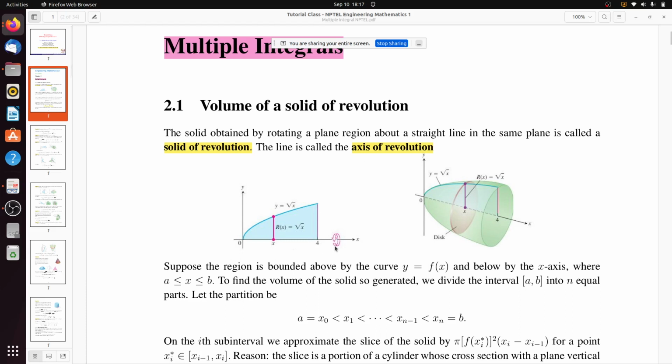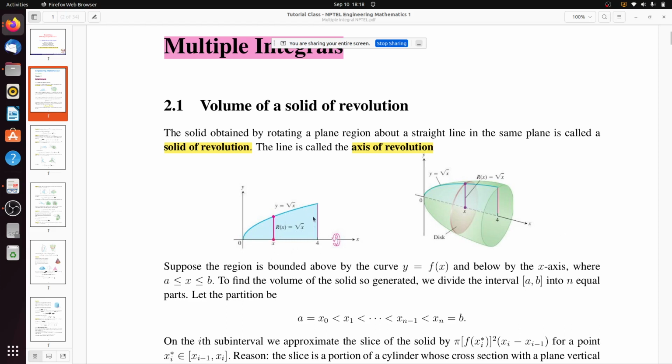See, for example, this is the x-axis and y equal to root x is the parabolic curve, right? Now if you rotate this half part of the parabola like this, in either the clockwise or anti-clockwise direction, take 0 to 4 and you are inscribing the sectorial area, and now you are rotating this area.